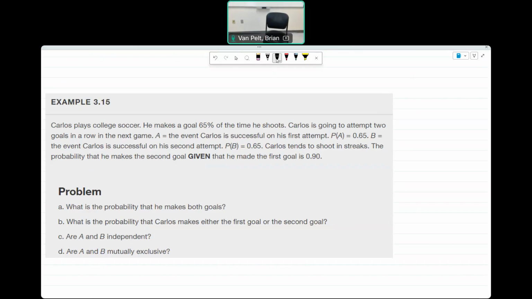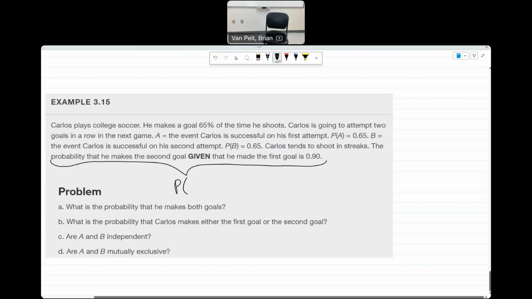So this little piece of information here: he makes the first goal, so we'll call that A. So that's what that piece of information told you. You guys understand that? Okay, good.